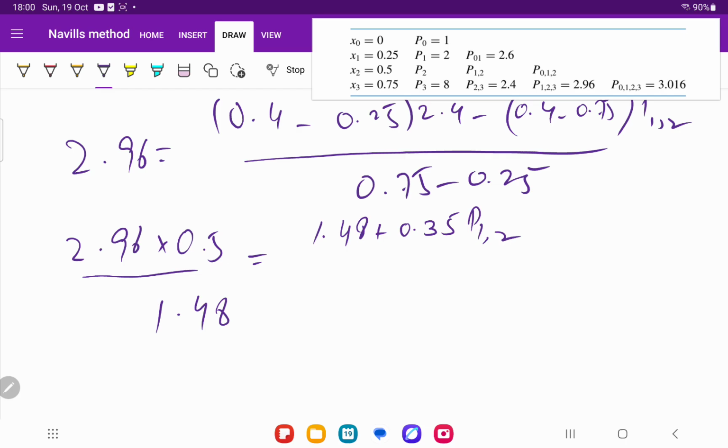This 1.48 is wrong. How much is it? 0.15, 0.36.